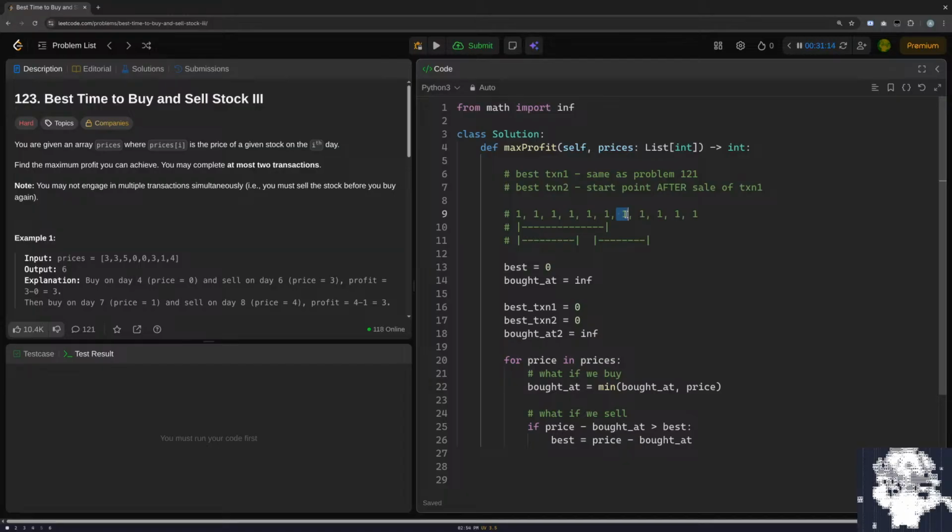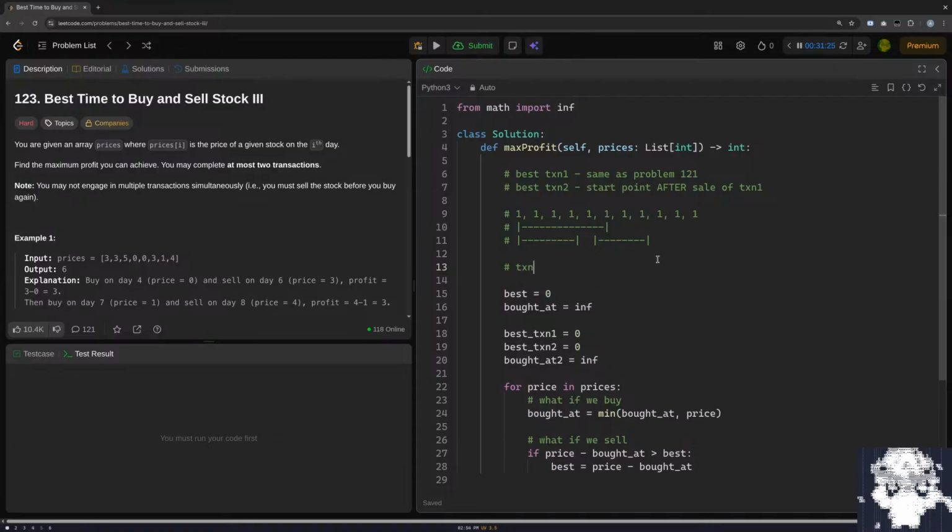It will include what was once the best transaction so far. Yes. Transaction number 1 was once the best transaction so far.